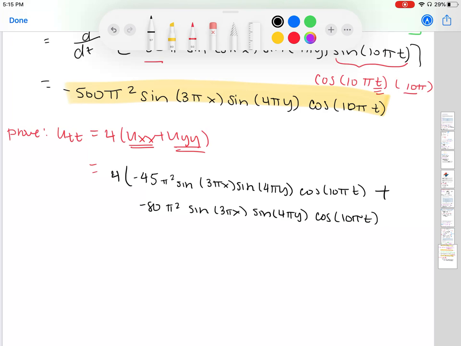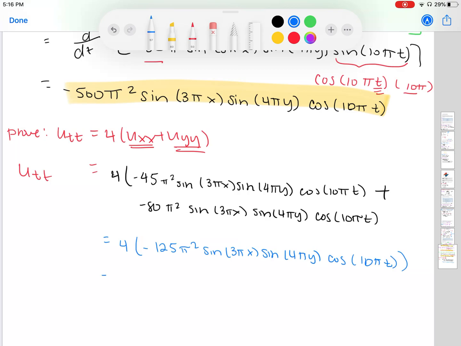Okay, we want to show that this is the same as our double derivative in terms of t. So actually, we see we can add them because they're like terms. If we add them, we get negative 125 pi squared of sine 3 pi x sine 4 pi y and cosine 10 pi t.